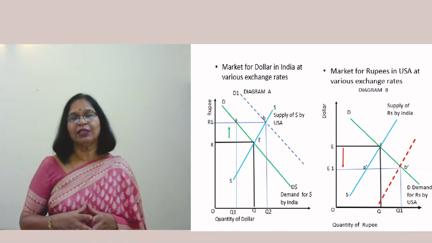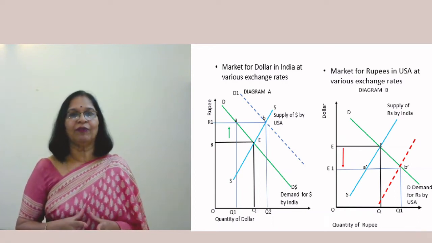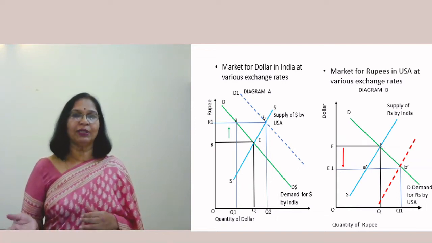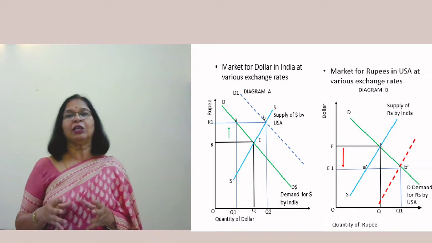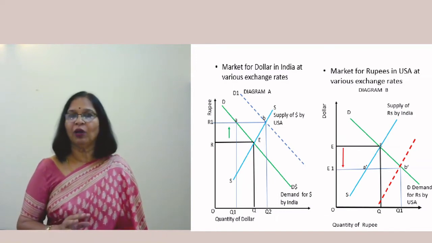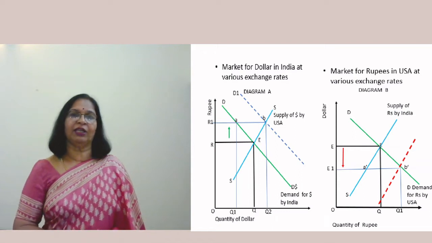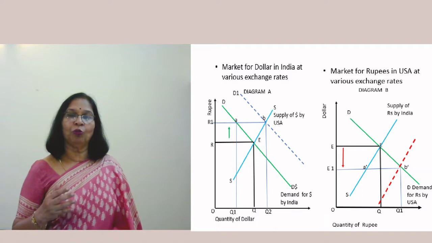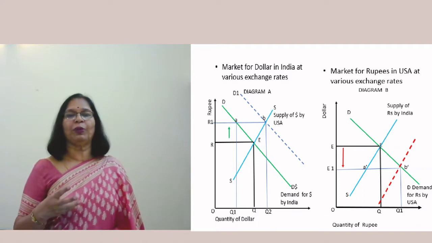If the investors in the country would like to withdraw their capital here and make investment in USA, then they would demand more dollars, and therefore the demand for dollar will increase. The supply of dollar in the first diagram does not increase. Therefore, we'll have to pay more rupees to get dollars.